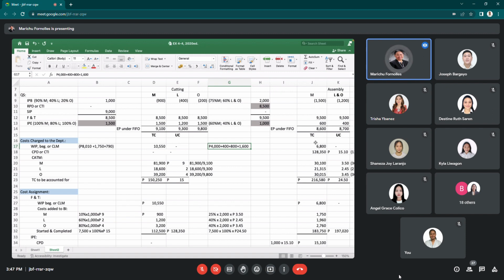So the total cost is 6,800 pesos. That is the work in process beginning of assembly department, or the sum of your CPD last month and the MLO last month of assembly. So that is the work in process beginning of the assembly department.